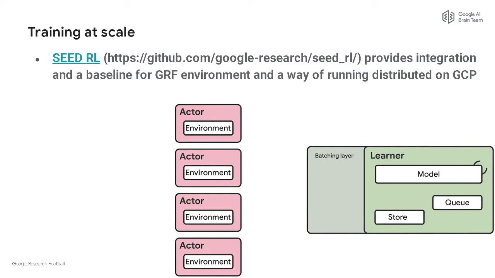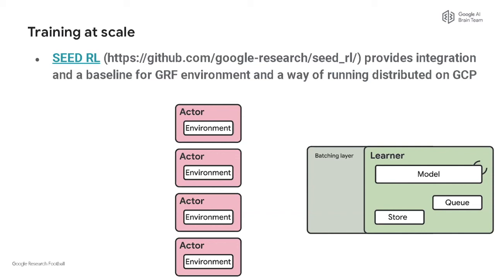And the main advance compared to the IMPALA algorithm is that both training of the model and inference happen on the accelerator in the centralized learner node, so that it's cost efficient and low latency. The learner contains a batching layer, so as you can imagine, both GPUs and TPUs require a significant amount of data to process in one go to be efficient.